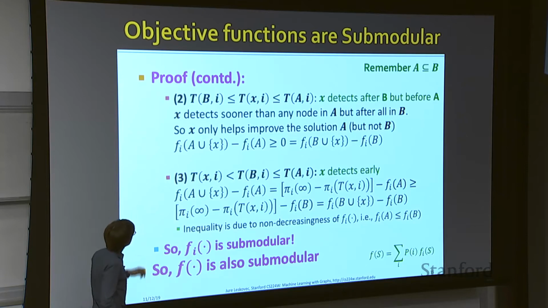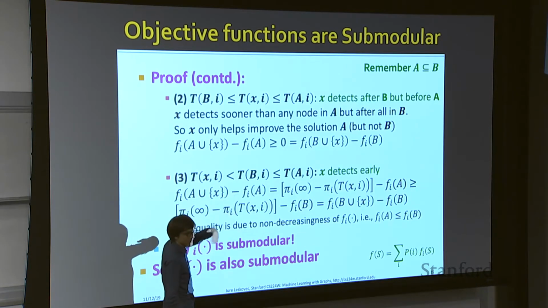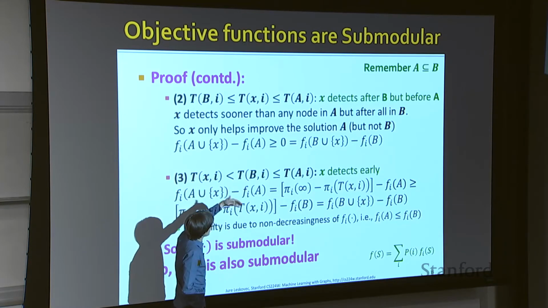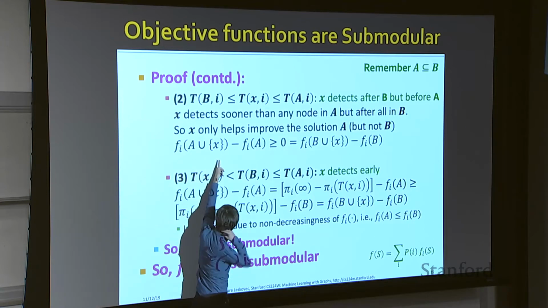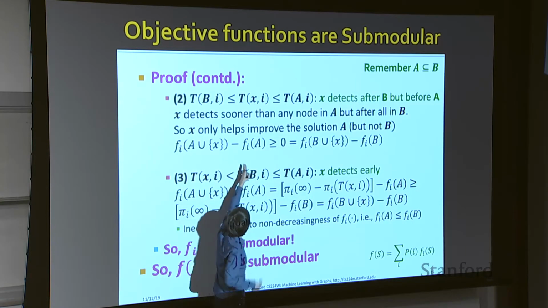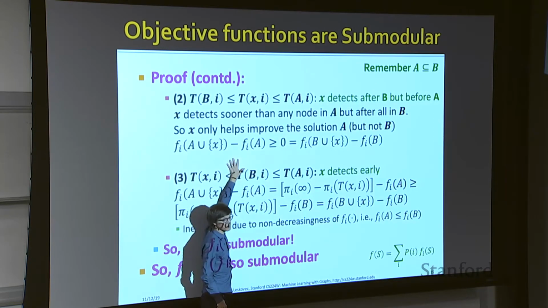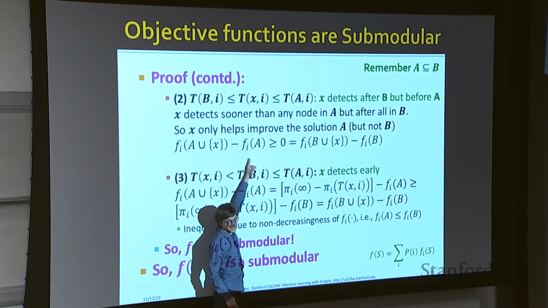And then what does this mean? That X detects sooner than any node in A, but after a node in B. So X only helps to improve solution A, but not B. So this means that f of A union X minus f of A will have some positive value because X is now detecting sooner than what we were able to detect before.